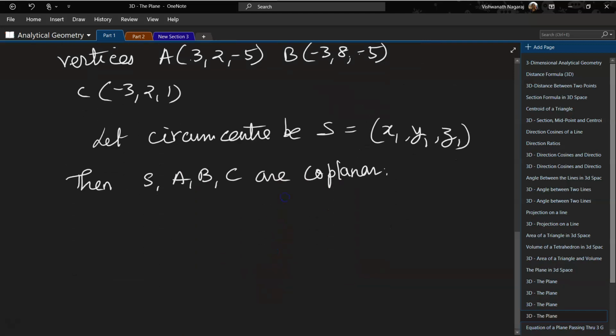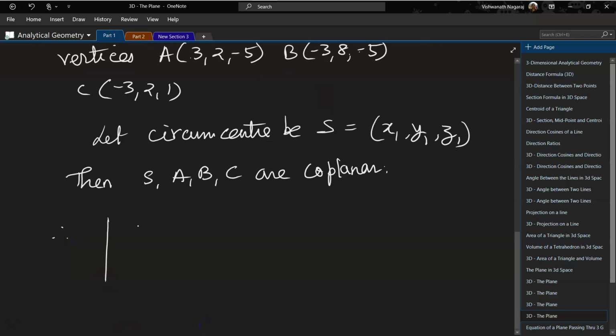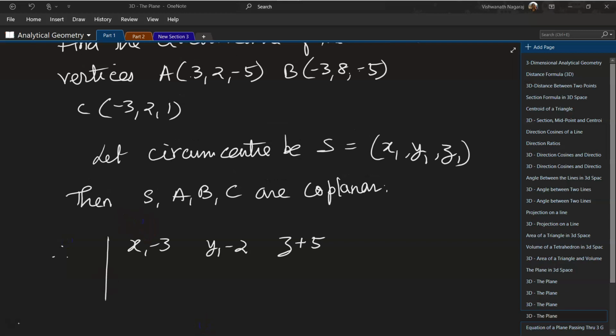That means they lie on the same plane. So therefore, since they are coplanar, x1 minus 3, y1 minus 2 and z1 plus 5. So this was nothing but SA.